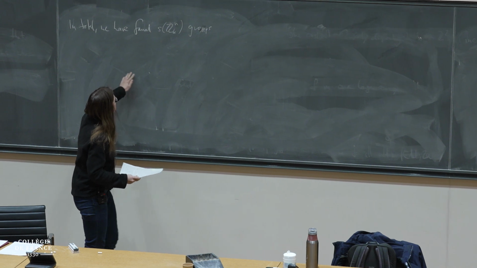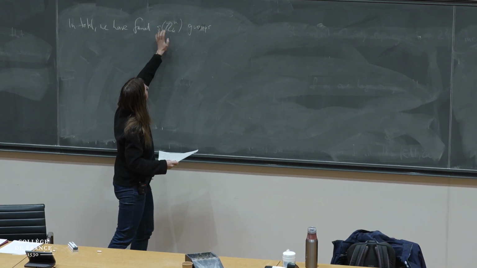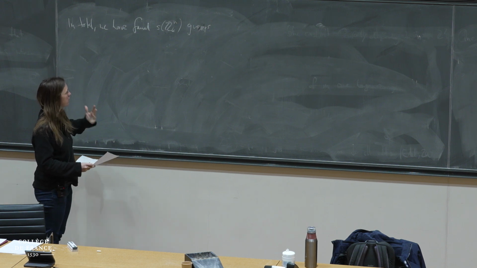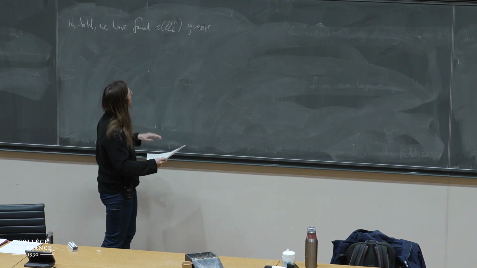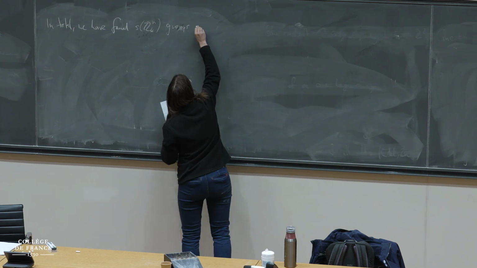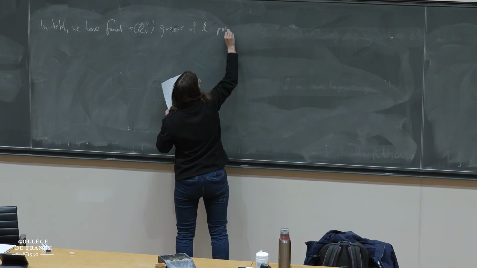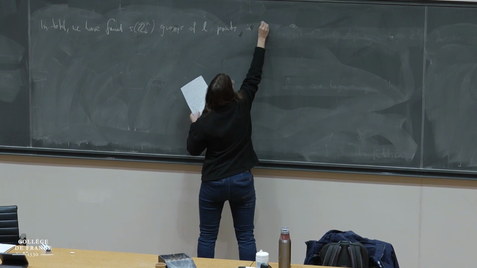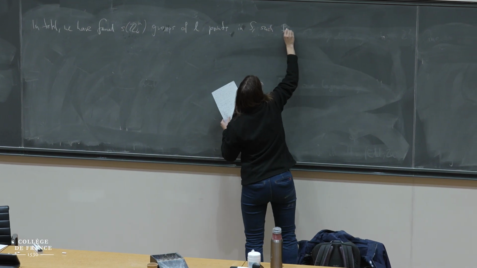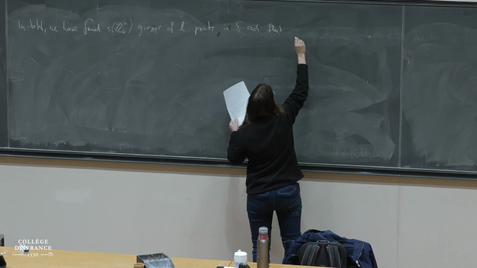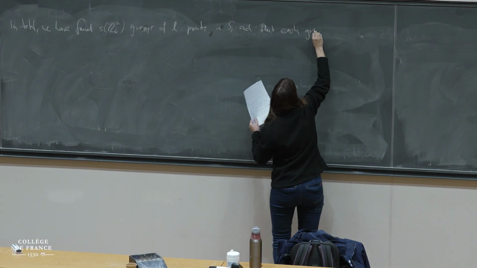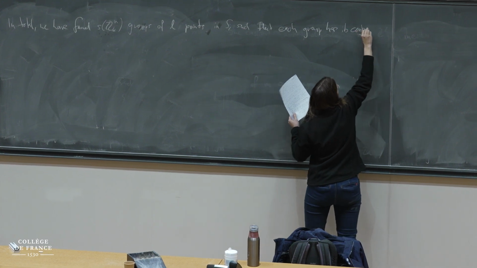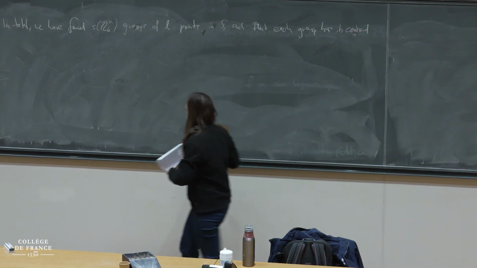So in total, we've seen that doing it for S of zk to the n minus 1 steps, in each step finding one group of L points, we can still do another step. So that means we have S of zk to the n groups of L points in our set S, such that each group has its centroid in Z to the n.